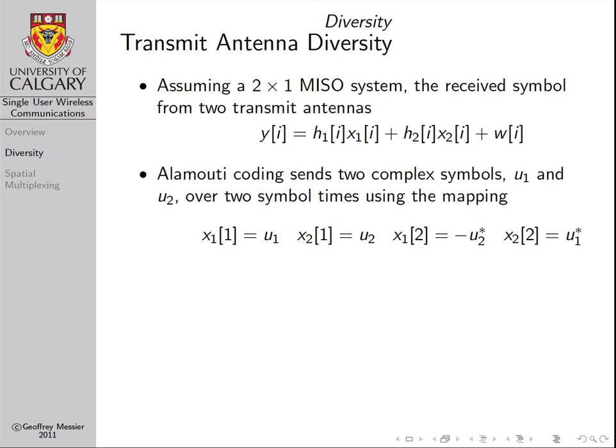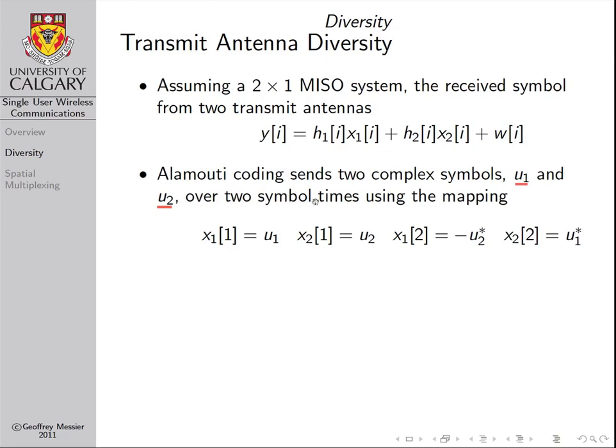To simplify notation, we are going to consider two symbol intervals, symbol interval 1 and symbol interval 2, and transmit antenna 1 and transmit antenna 2. Alamouti coding basically transmits two complex information symbols, U1 and U2. So U1 and U2 are the two information symbols being transmitted, and we're transmitting them over two symbol times.